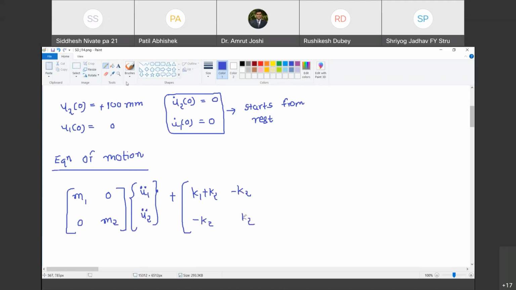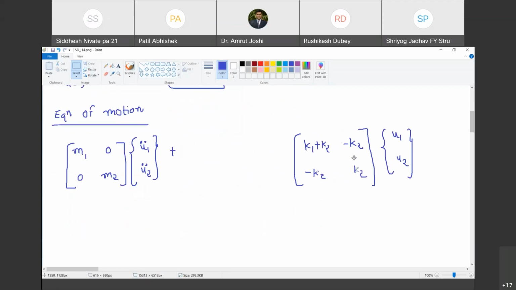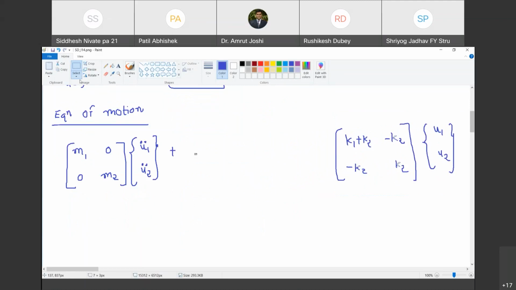Do you agree with me? This multiplied by U1, U2. And now I'm going to have a similar matrix for damping. It is going to be C1 plus C2, minus C2, minus C2, C2.